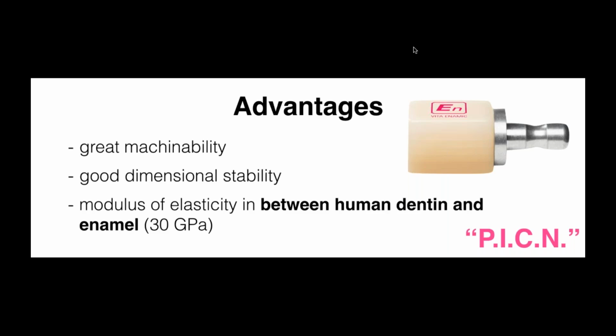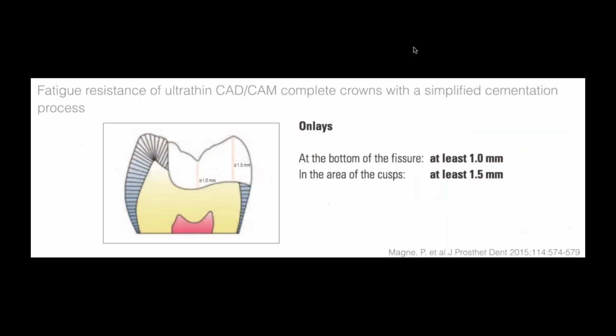It has a great dimensional stability because what you mill is what you get. You don't place it in any type of furnace for any type of process. And it has a modulus of elasticity very close to nature, between dentin and enamel, around 30 gigapascals.